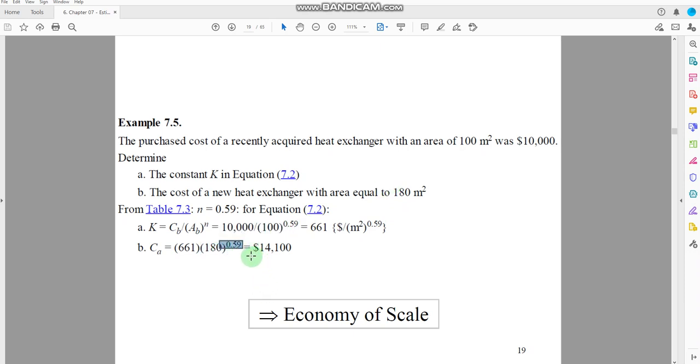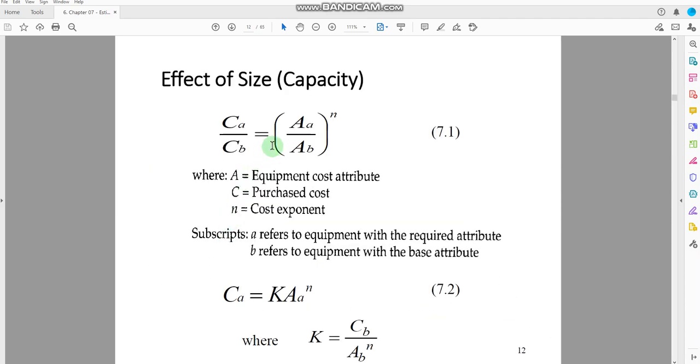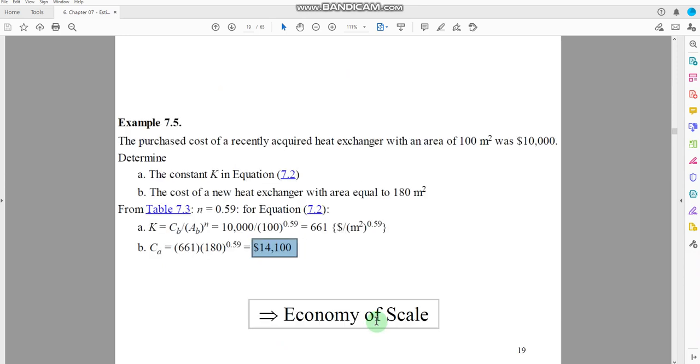So the cost of the heat exchanger comes out to be 14,100. We have simply broken down this main equation into two parts: first we evaluate K, and then we evaluate CA. You can use this equation directly, or you can find K first and then CA. So the new value for this heat exchanger comes out to be 14,100.